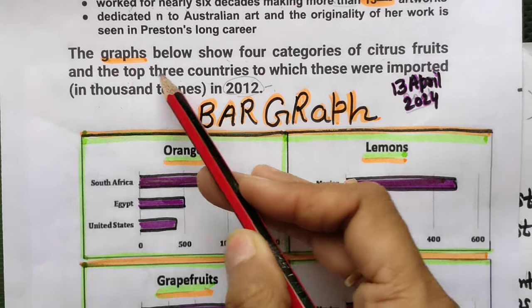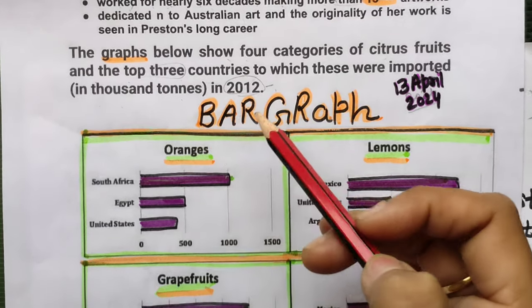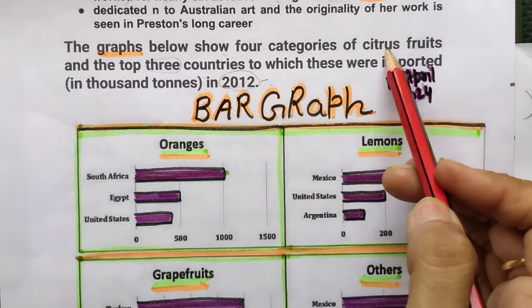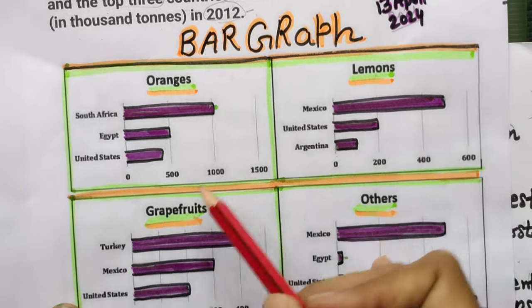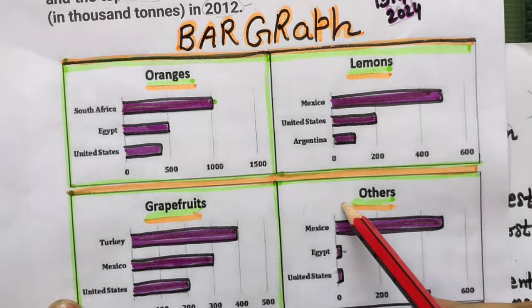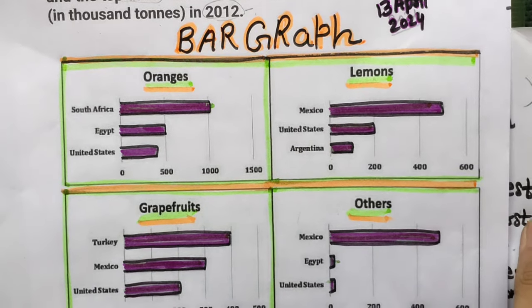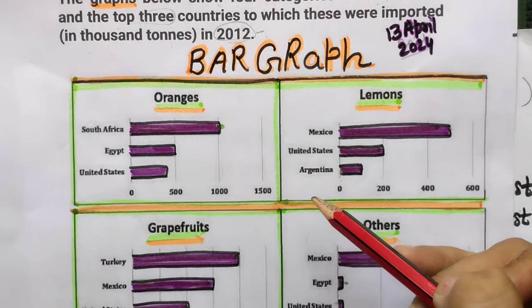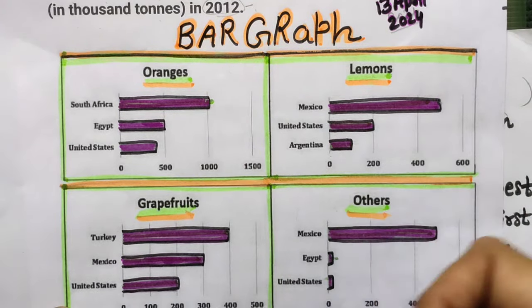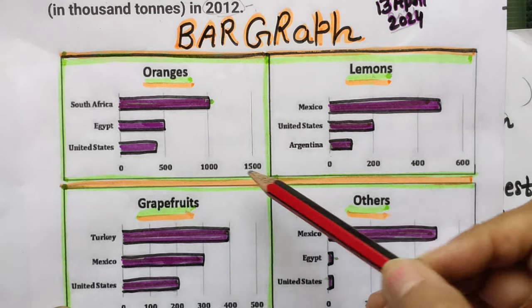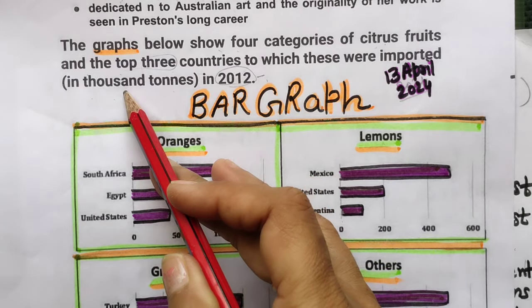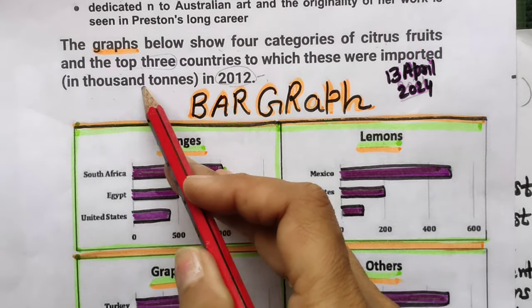Here in every graph we can see the top 3 countries, and they are talking about oranges, lemons, grapefruits and others. I am reading and analyzing the question statement along with these graphs. I can see 4 categories and only 1 year, and they have given statistical data in 1000 tons.